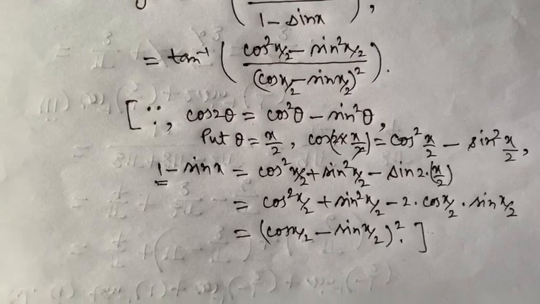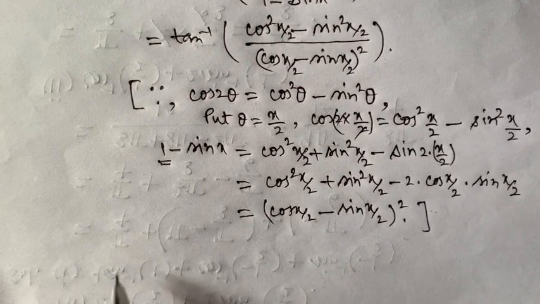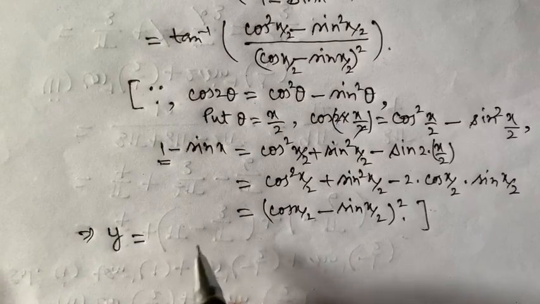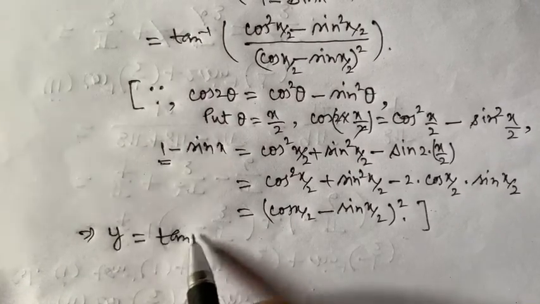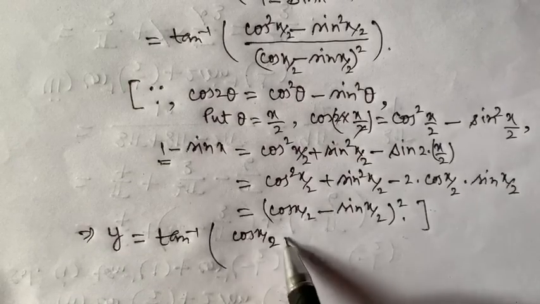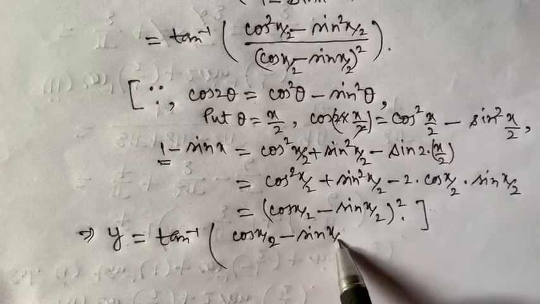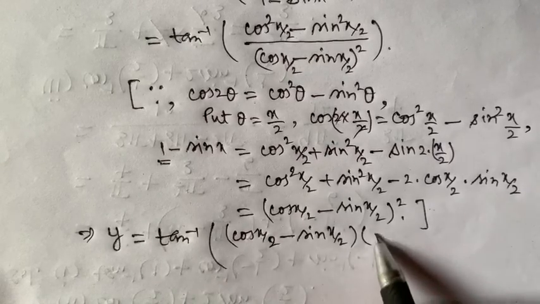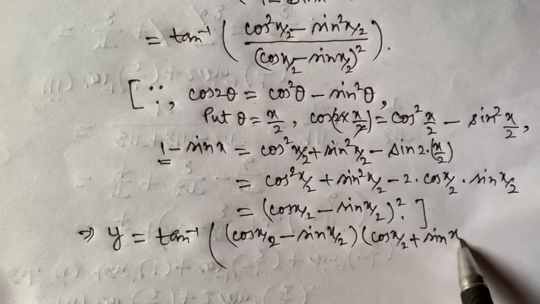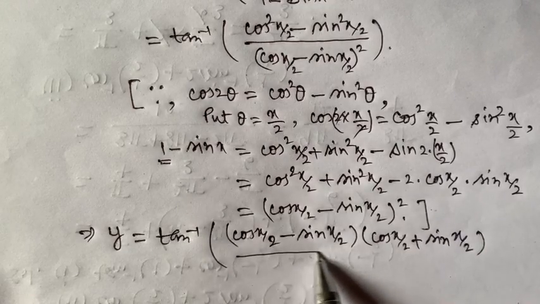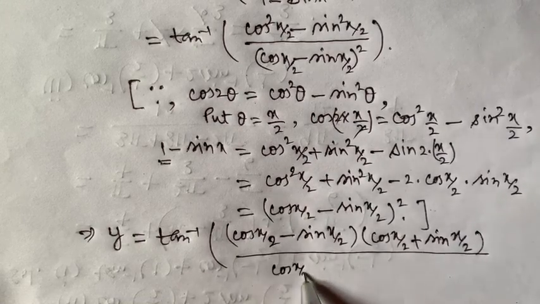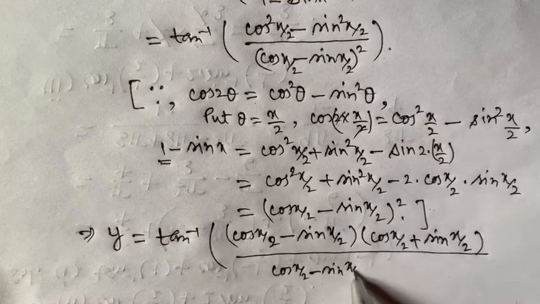We have used the formula for half angle, and now we have, this implies y is equal to tan inverse of cos x by 2 minus sin x by 2 into cos x by 2 plus sin x by 2, and upon cos x by 2 minus sin x by 2 whole square.